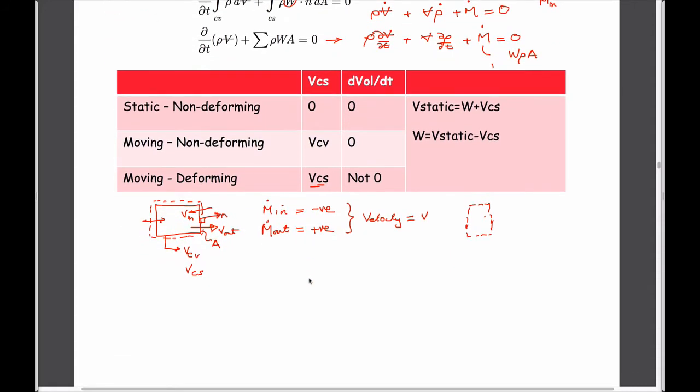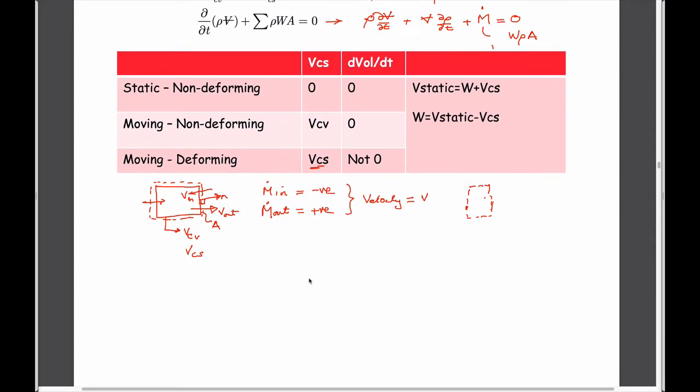The other part that's worthwhile thinking about is the idea of relative velocity. So in the same way that we take this, I've used this in other places, right? This is our boat. We're taking this boat as our control volume.